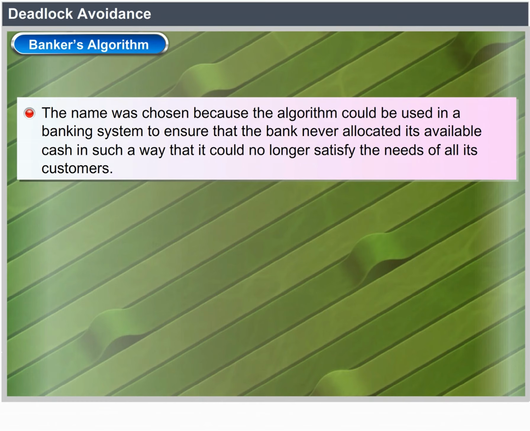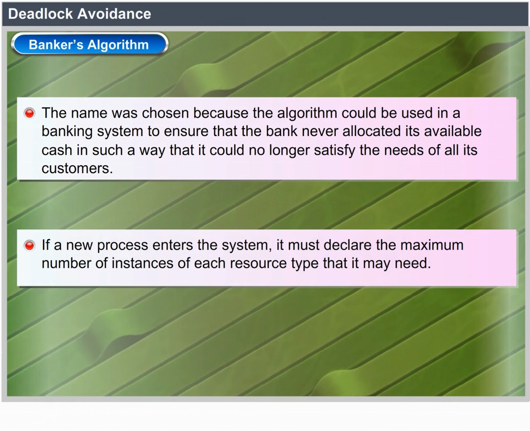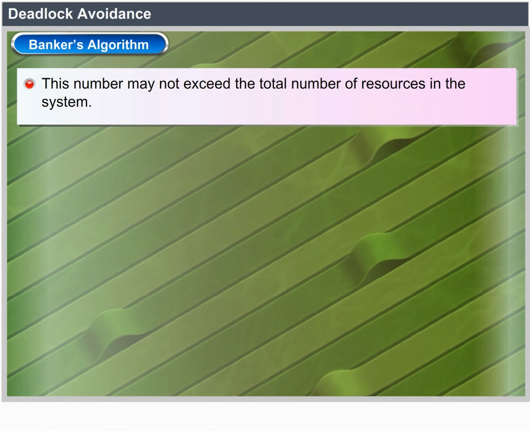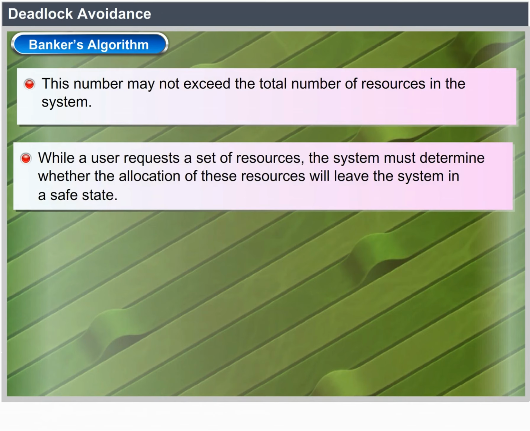When a new process enters the system, it must declare the maximum number of instances of each resource type that it may need. This number may not exceed the total number of resources in the system. When a user requests a set of resources, the system must determine whether the allocation of these resources will leave the system in a safe state.